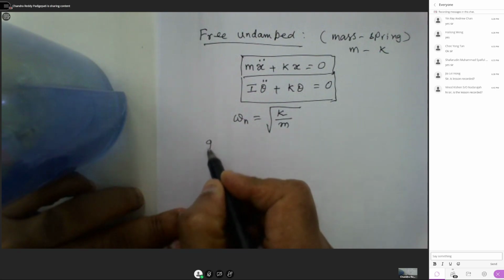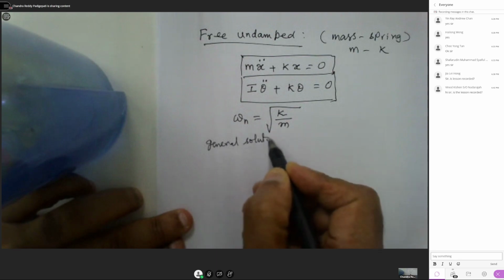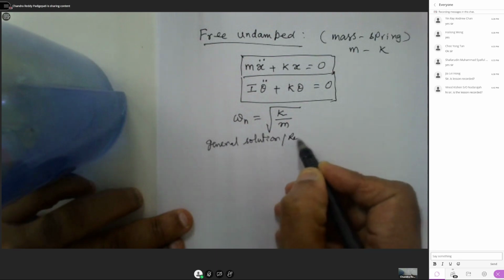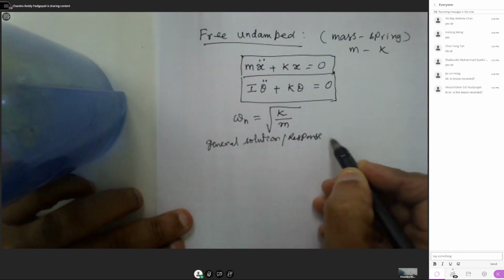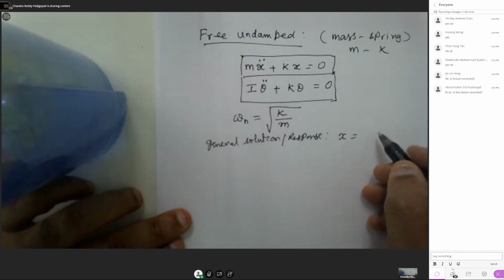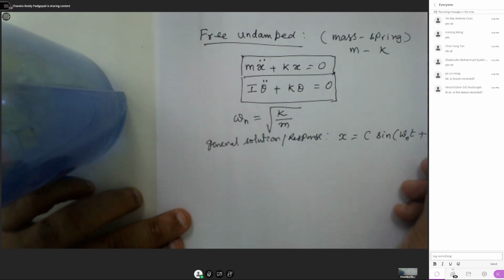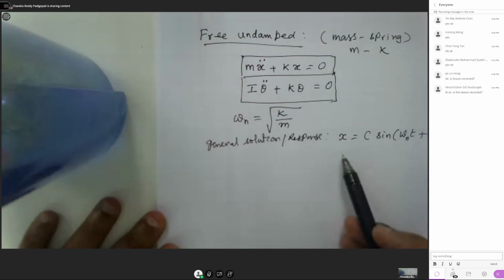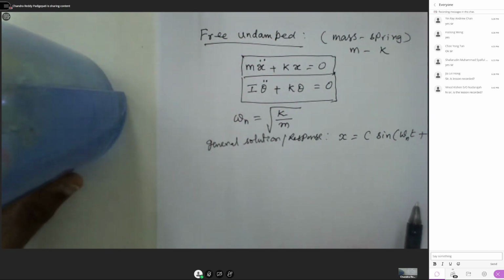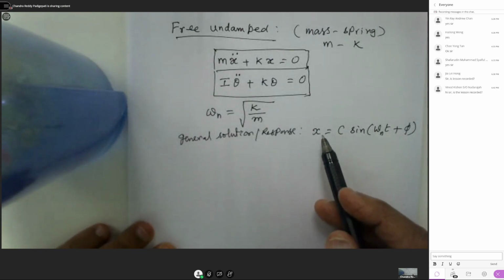Okay, so the general solution or the response, we can write it as x is equal to a constant c sine omega n t plus phi. So this is how the displacement of the system x varies with respect to time.